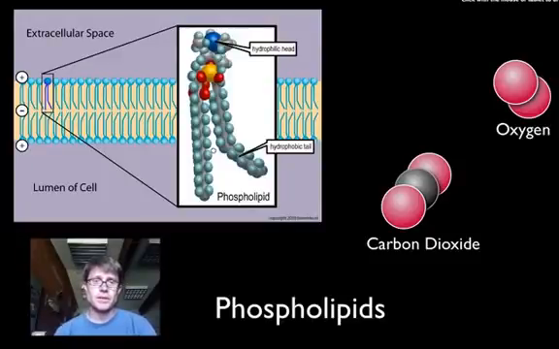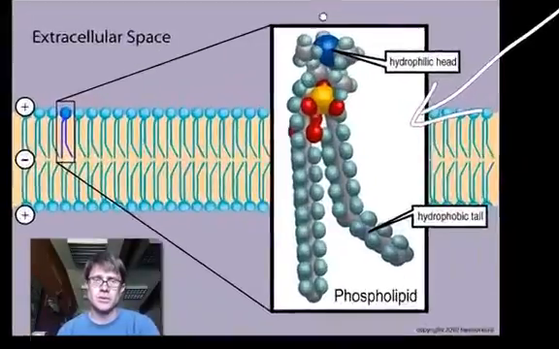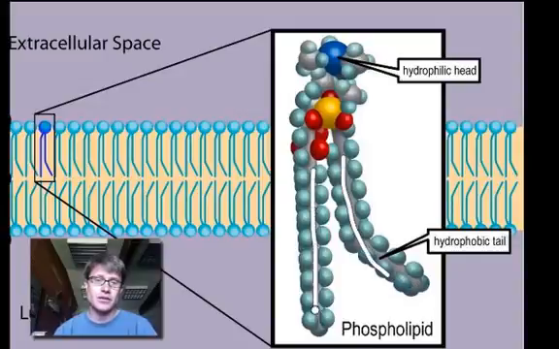Lipids are one of those major macromolecules that we have in all living things. What's interesting about a phospholipid is it has two parts to it. Phospholipids are fats, and like any fat, most of the phospholipid is made up of carbon and hydrogen, or it's a hydrocarbon.